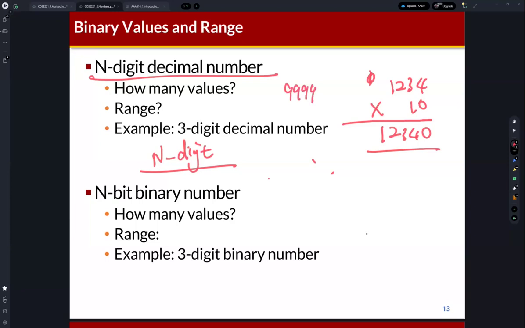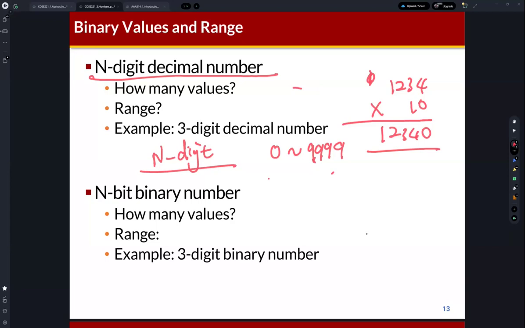9999, right? So this is the maximum number that can be represented with the 4 digit decimal number, right? Which means that the range of this decimal number is 0 to 9999. So then how many numbers can be represented using this 4 digit decimal number?